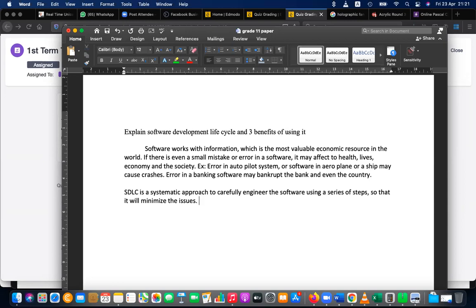It will be easier to look back and re-engineer if required.